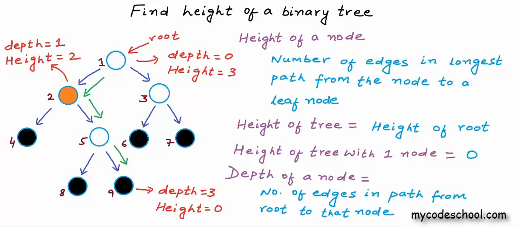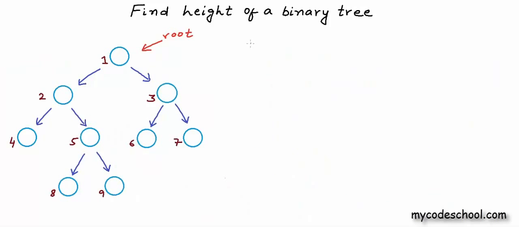Okay, let's now see how we can calculate height or max depth of a binary tree. I'm going to write a function named findHeight that will take a reference or address of the root node as argument and return me the height of the binary tree. Now the logic to calculate height can be something like this. For any node, if we can somehow calculate the height of its left subtree and also the height of its right subtree, then the height of that node would be greater of the heights of left and right subtrees plus 1.